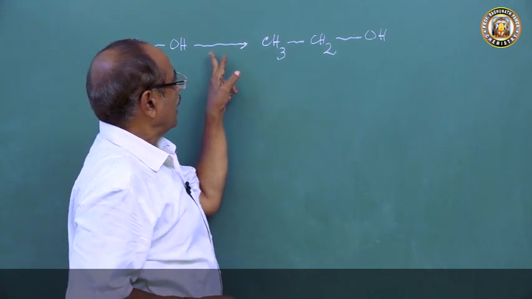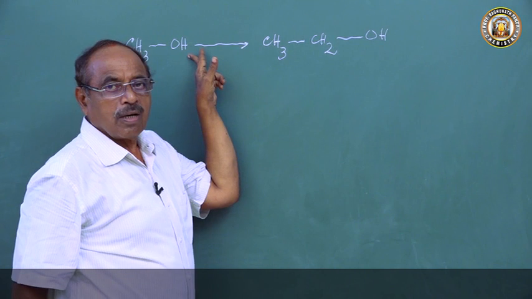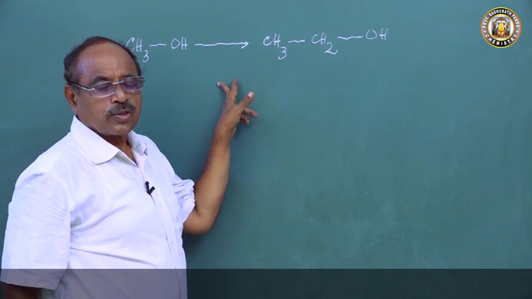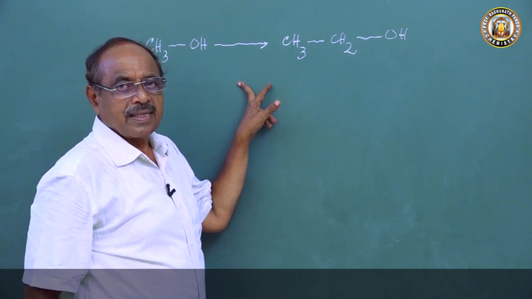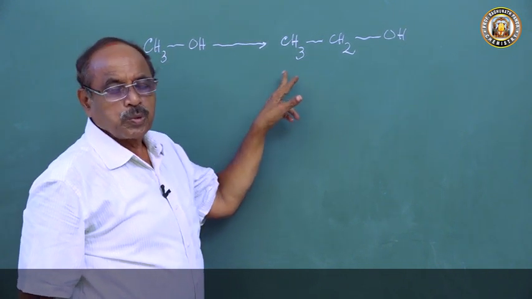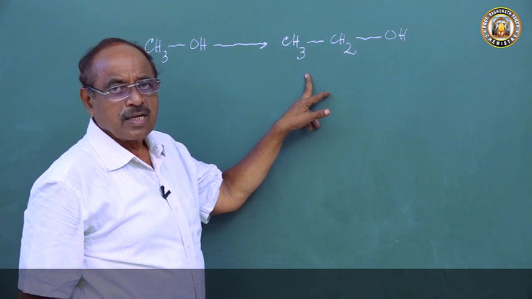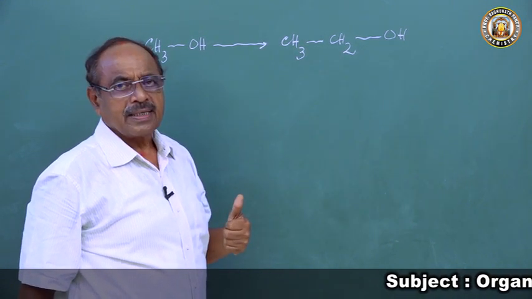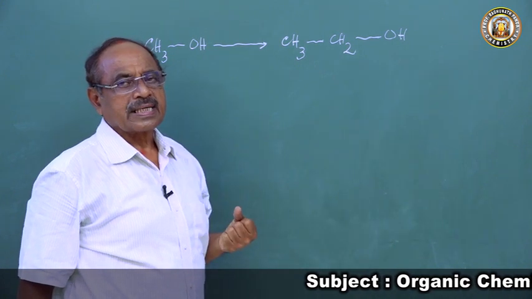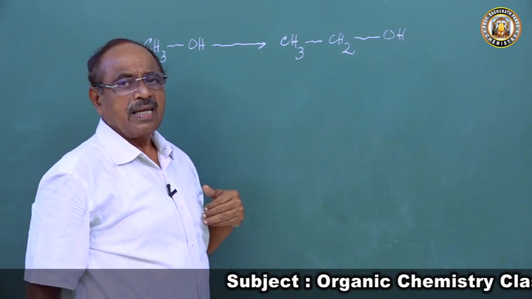So if you take methyl alcohol and convert it to methyl bromide or methyl iodide, then we do the Wurtz synthesis. We will get ethane. From ethane we will get ethyl iodide. Then by hydrolysis we can get ethyl alcohol.